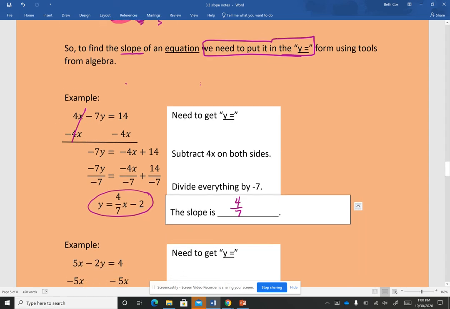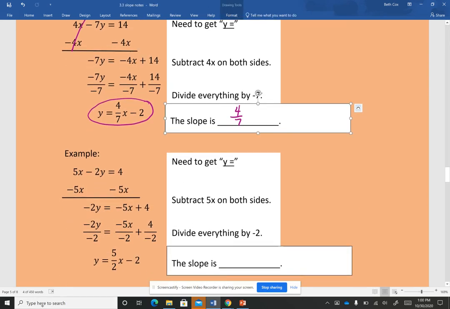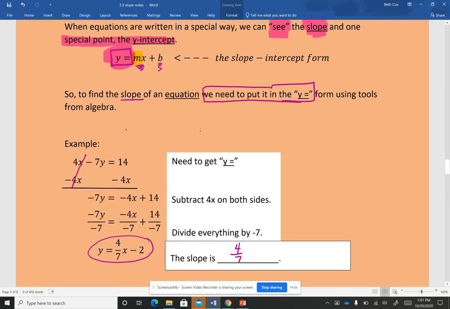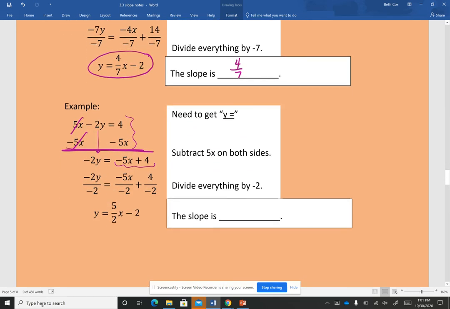Okay, here's another example. Need to make it say y equals. So I subtracted the 5x on both sides. Bring that one down. Now notice, this I didn't do, remember? But notice how I wrote it. I wrote the x first. Does it matter? Not really, other than our traditional way of writing it, we have the x first. And so to keep with tradition, we're going to put the x first.